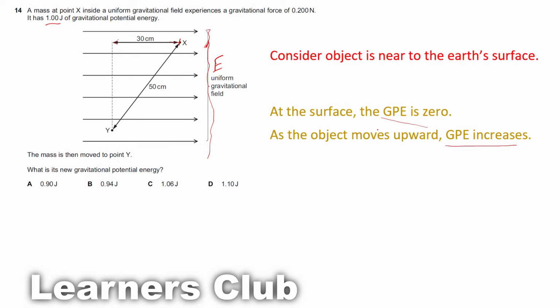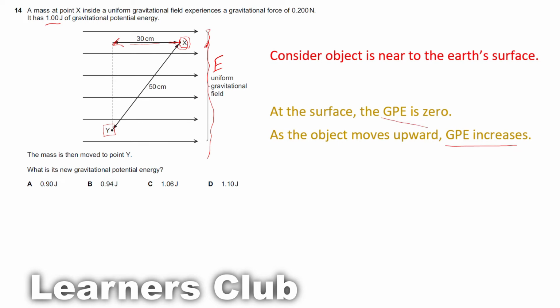Now, in order to find the gravitational potential energy at Y, we need to sum the gravitational potential energy at X plus the gain in the gravitational potential energy to move 30 centimeter above this point X. Remember, we should always take the length that is parallel to the gravitational field.